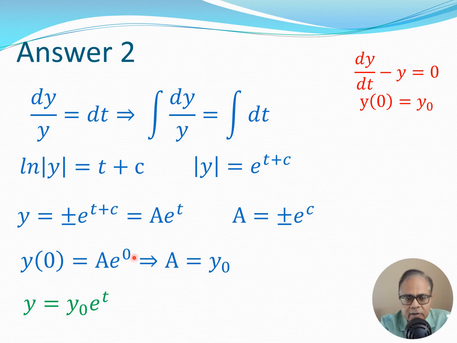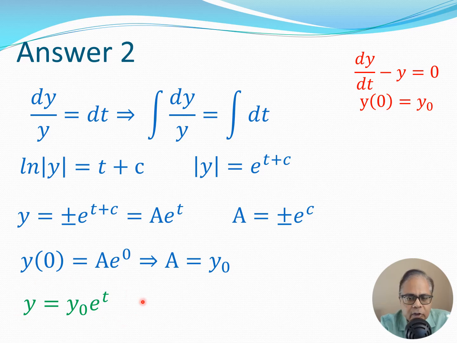So remember y0 is a e0. So that's coming from this solution here. And of course e to the power 0 is simply 1. So I get a is y subscript 0. I put it in the equation here, that is y is a e to the power t. That's the general solution, and I get the solution as y is y0 e^t.